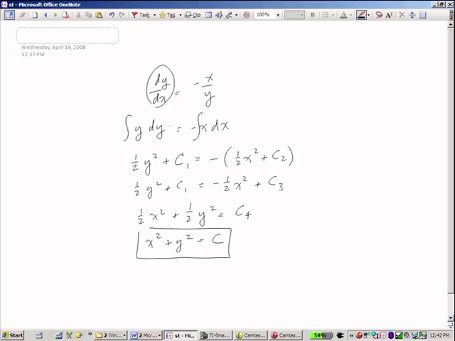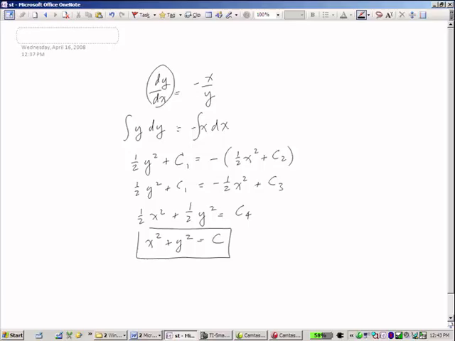So the first strategy of separation of variables is to group the y's and the dy's and the x's and dx's on opposite sides. Once you do that, then you want to do one of 2 things. Usually you're going to solve for y, to find the function, like what is y equal to?